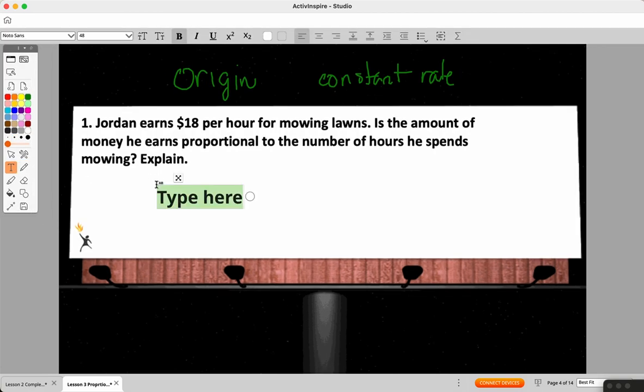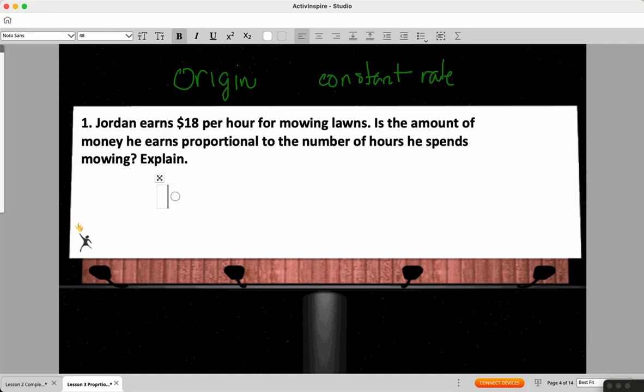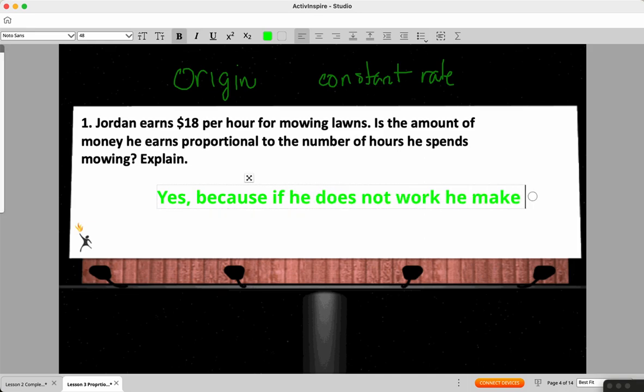So is Jordan's answer proportional? The first thing you have to say is, the answer happens to be yes, it is proportional. Helps if I'm not using white ink. Let's go with this bright green. Yes, it is proportional. And why? You've got to tell me, because there are two conditions they need to meet. If he does not work, he makes $0.